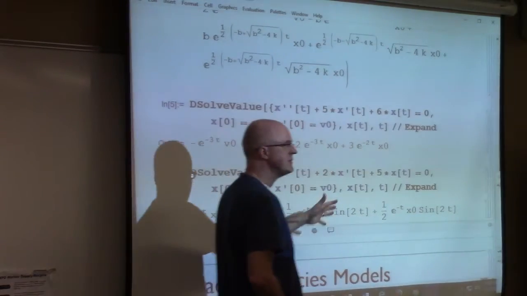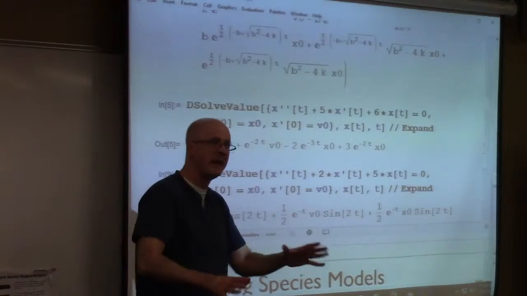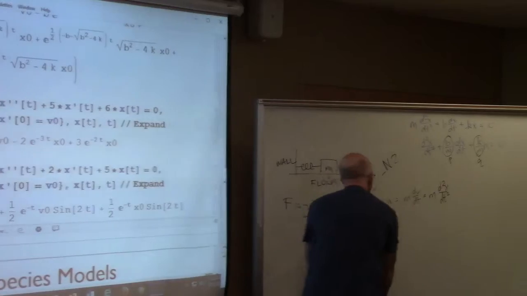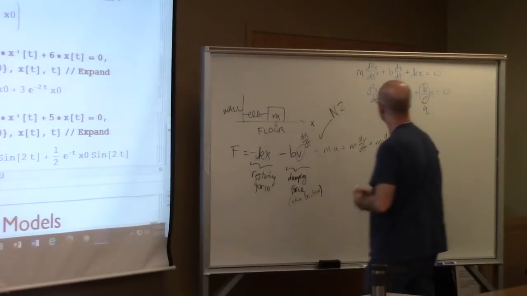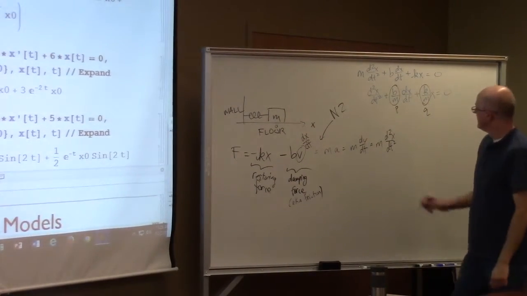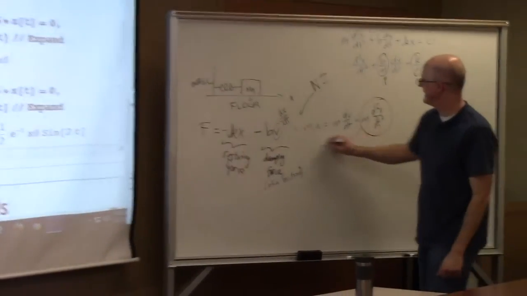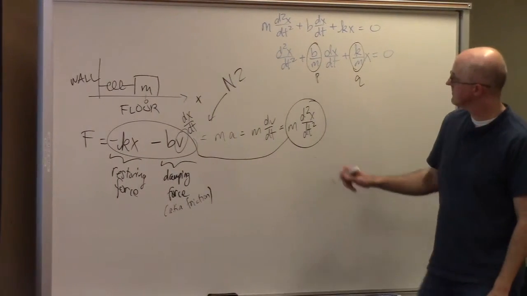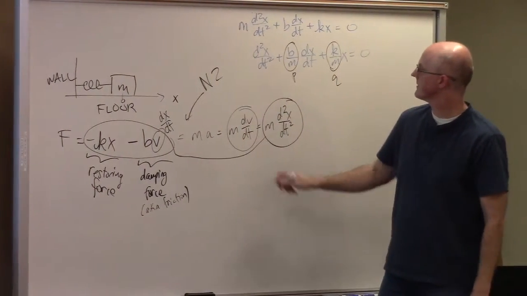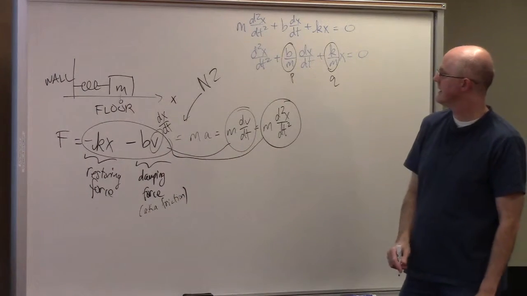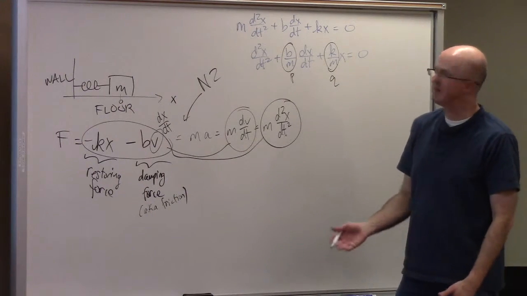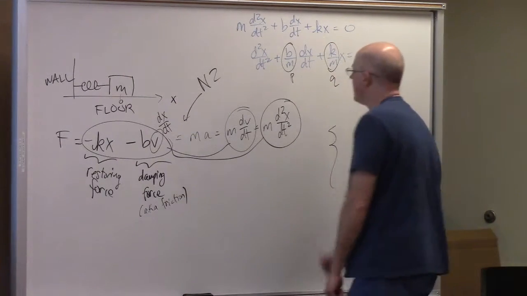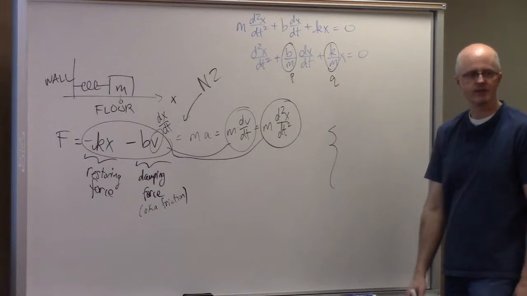Okay? So you can use DSolveValue on the original second order equation, but our main goal today is to get to the system and the phase plane. Essentially looking back at this one being equal to that one and dividing everything by m, that gives you your system of equations along with the fact that the velocity is the derivative of the position.